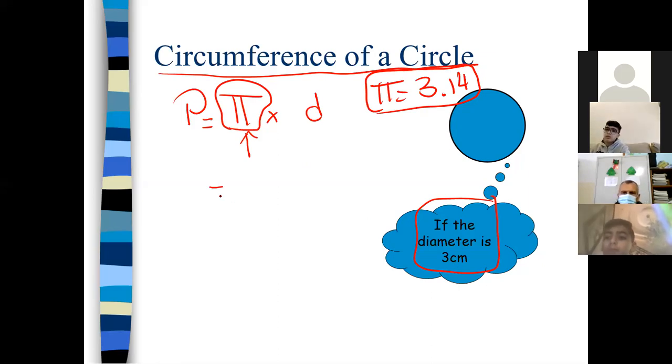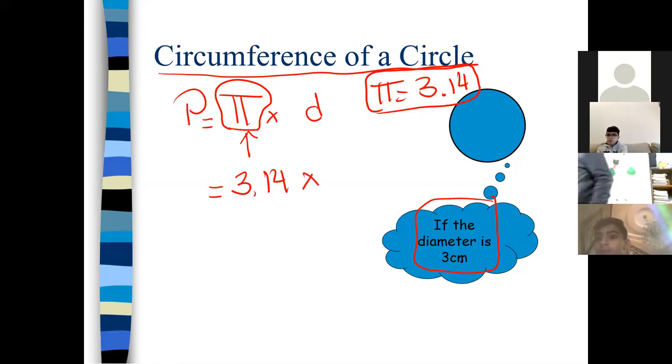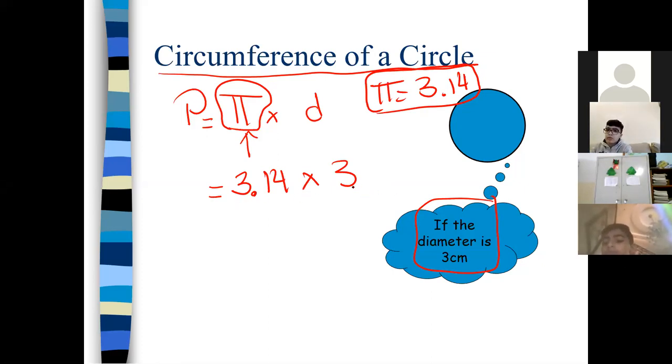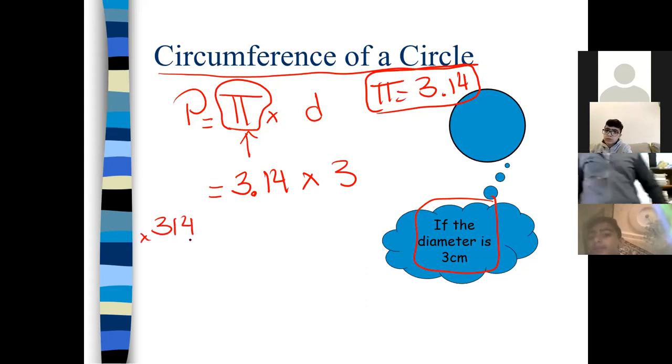So what shall I do to find the parameter, the distance that surrounds the circle? We multiply 3.14 by the diameter, which is 3 centimeters. How do we multiply these two numbers? First, I will remove the point and arrange 314 times 3.